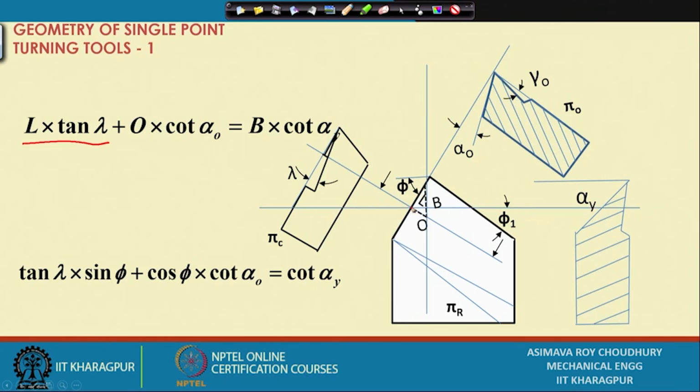After that we are getting down further along the orthogonal plane by this distance O. What is the vertical distance corresponding to the movement along O?